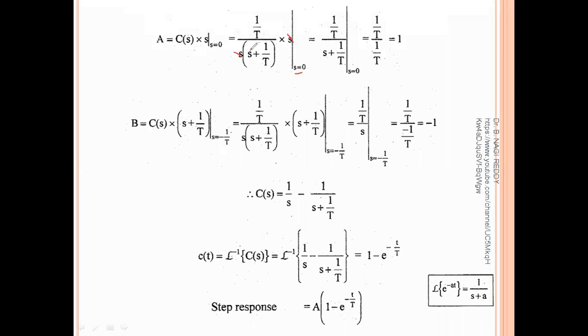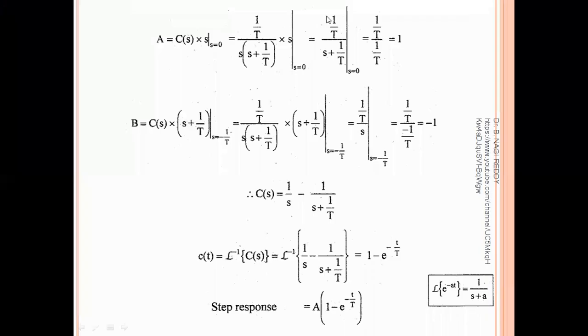Now substitute s equal to 0 here. That means here it becomes 0. So only 1 by t will remain in the denominator. So 1 by t in the denominator, and in the numerator also we are having 1 by t. So 1 by t and 1 by t will get cancelled, and we will get the a value as 1. Now we have determined the a value.